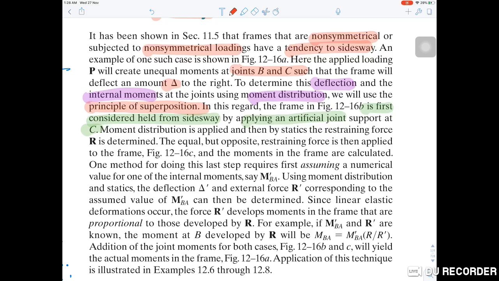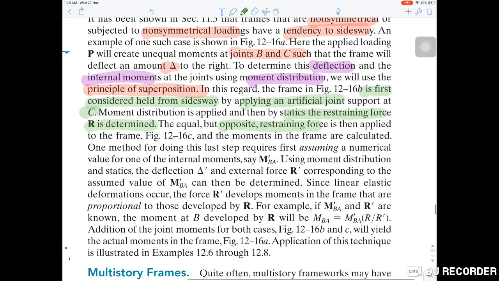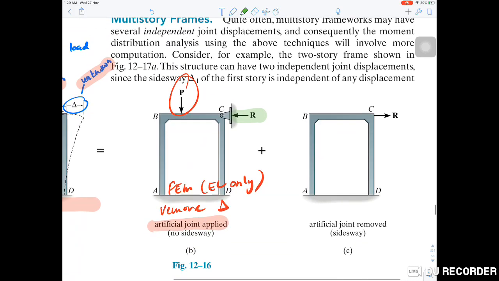Moment distribution is applied, and then by statics, the restraining force R is determined. The equal but opposite restraining force is then applied to the frame in figure C, and the moments in the frame are calculated. So to fulfill the principle of superposition, this R has to be neutralized.